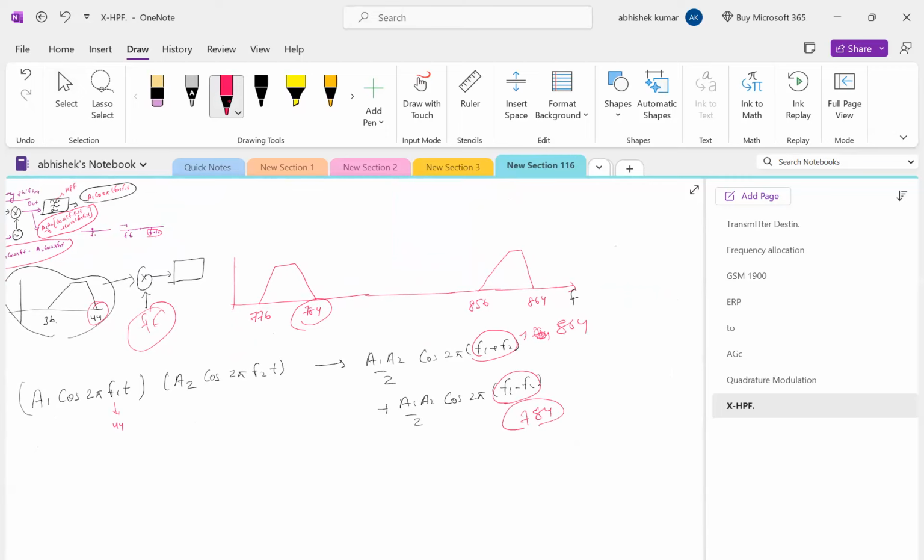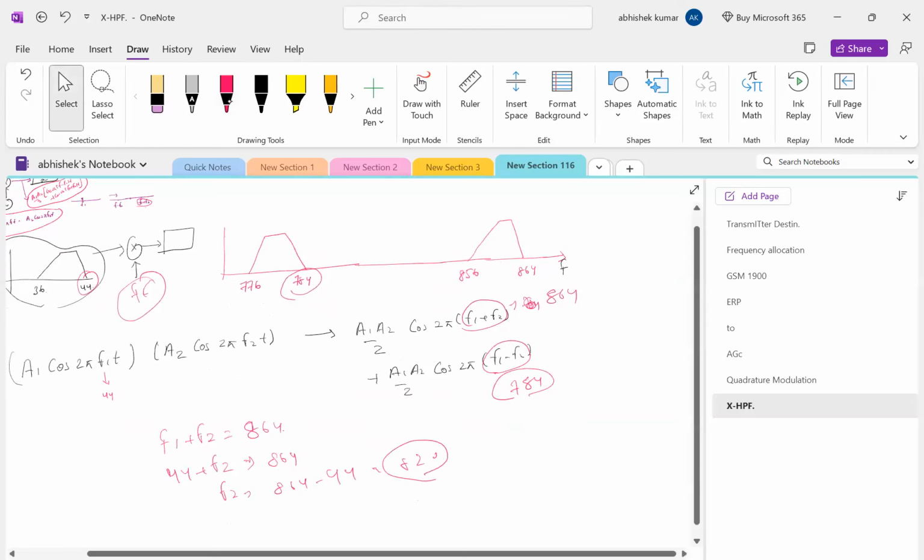So what does it mean? It means that f1 plus f2 is 864 and f1 is 44. So can I tell it will be 820 or not?